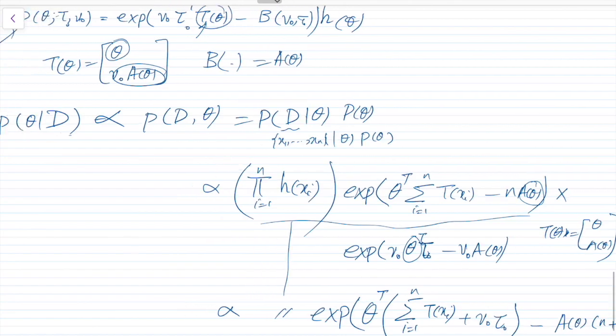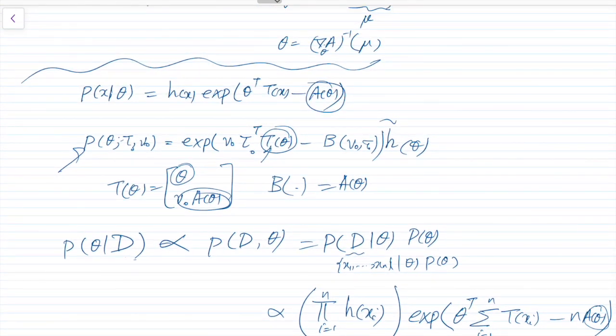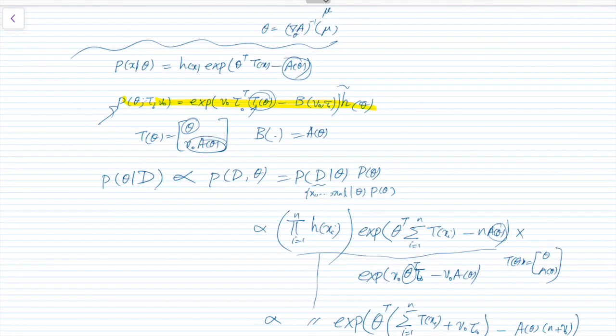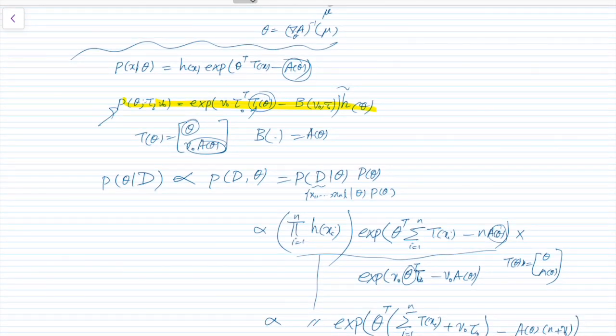So remember how my prior looks like. This was my prior. If you compare these two, and remember that I mentioned earlier that it can be shown that the form of this function is basically as follows. So I'm assuming that there exists a distribution for which the new sufficient statistic for the prior looks like this form.